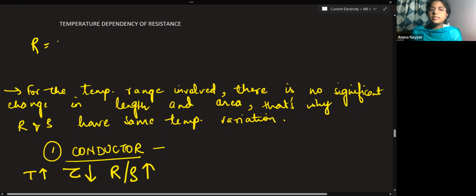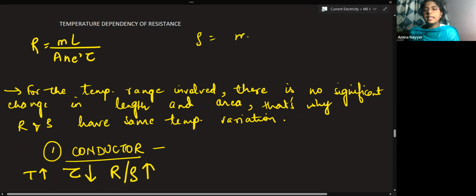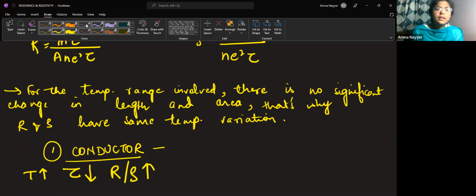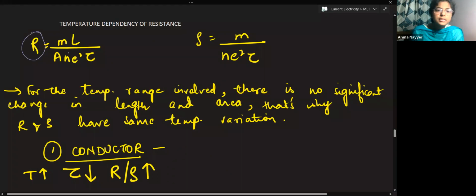The resistance formula we had seen was R = ml divided by A n e square tau. The formula of resistivity, just eliminating L and A, became m divided by n e square tau. From this we can conclude that resistance, number density and tau are all related, and the same goes for resistivity and tau.